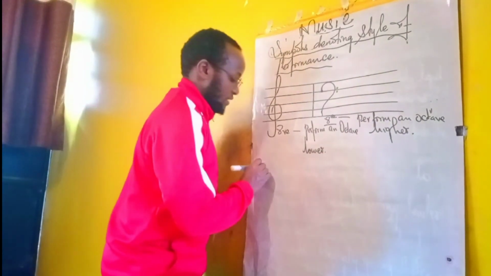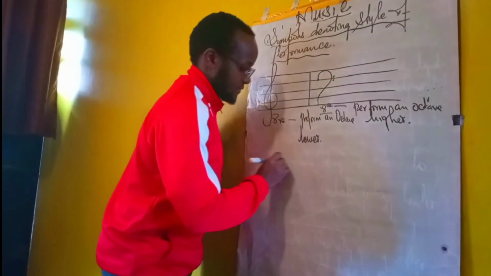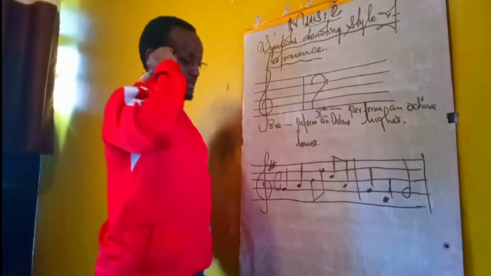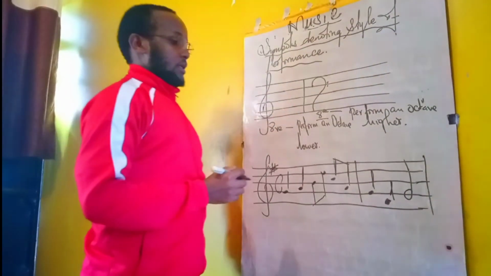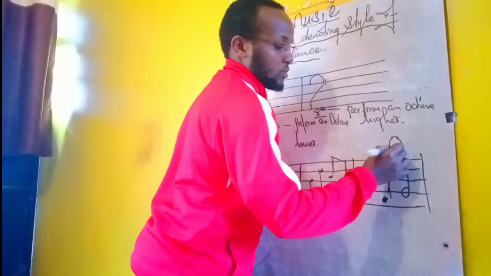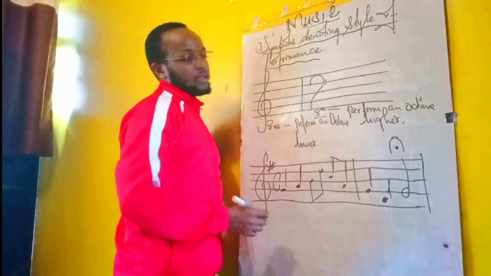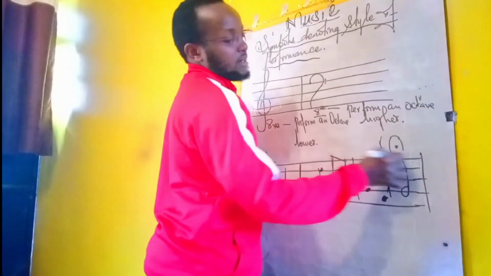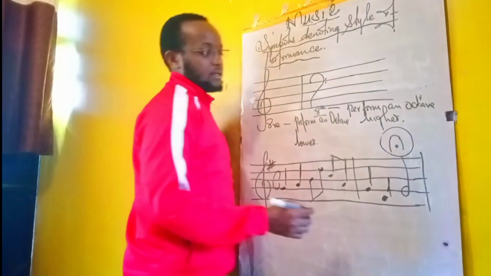Perhaps you have this music, I'm drawing another one. If you look at the music written on the board, you could find a mark on one note. This symbol is called fermata.